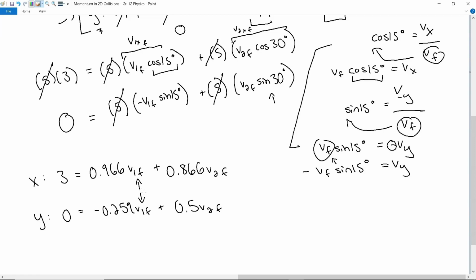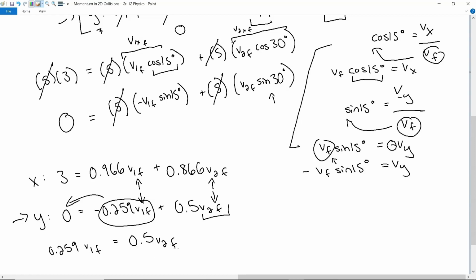Now we're sharing the same variables between our two equations. Now we just need to isolate for one of our variables in one of our equations. I'm going to pick y to work with, and I want to isolate for v2f. So I need to move this over to my left side, and we're going to get 0.259 equals half of v2f.